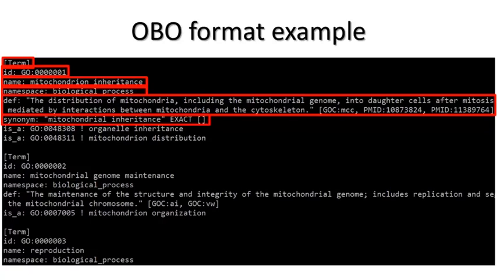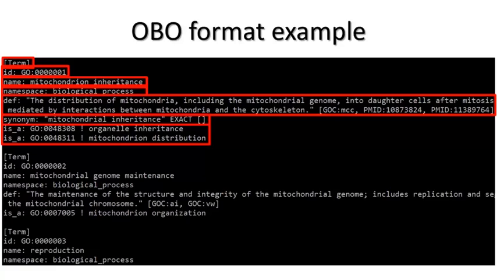Mitochondrial inheritance and mitochondrial inheritance are very similar to human eyes, but if you don't define it, the computer won't know what they refer to. The relationship between this and other concepts are specified here. Each concept can have relationship with multiple other concepts.